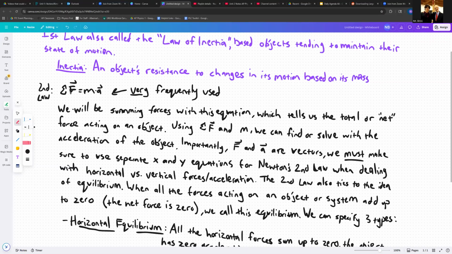Do all your math, find what the net force is, then set it equal to mass times acceleration. We can look at all kinds of things with this, like an object or system that has more mass will accelerate less when experiencing the same force as something with less mass. So there are all kinds of ways we can look at the resulting accelerations of things, and we'll be able to dig into the particular forces.